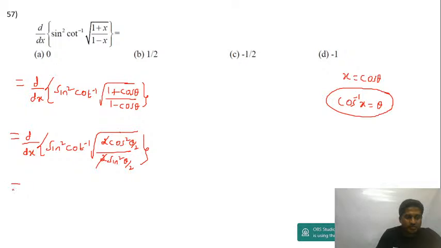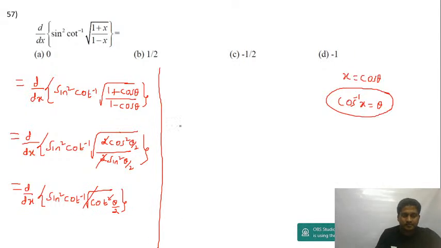So d by dx of sine square of cot inverse of root of cos by sine, which is cot, you get cot square theta by 2. Root and square cancels. Now let me simplify this.